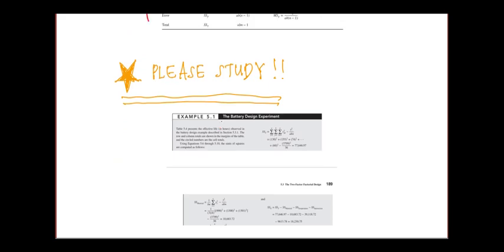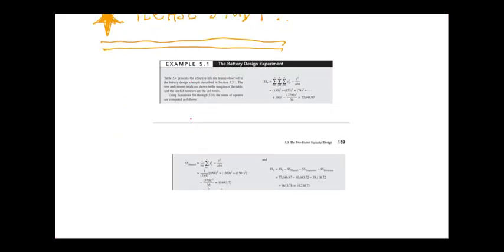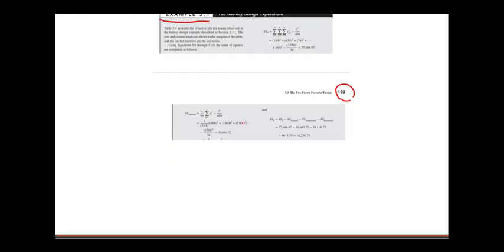And also please study example 5.1, page 189, which is about the two-factor factorial design, and you will learn more about how you can have a factorial design with two factors and two levels.